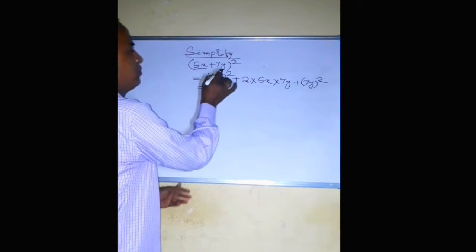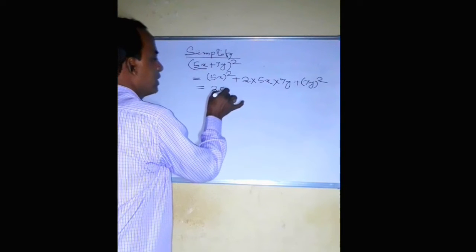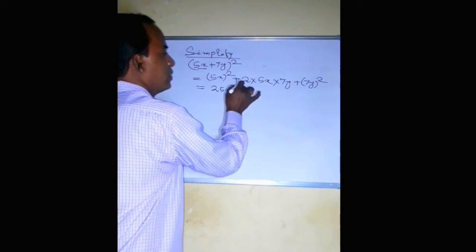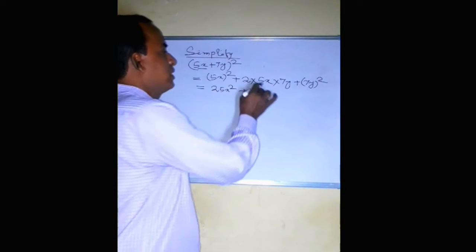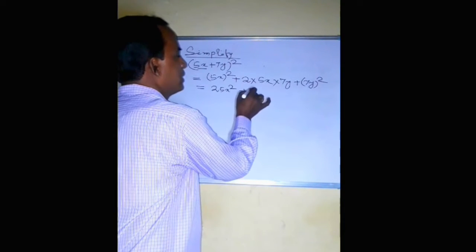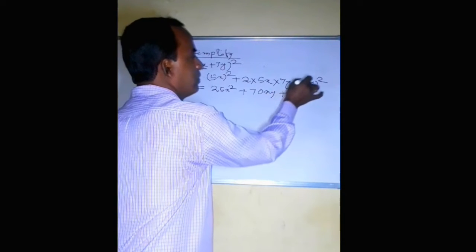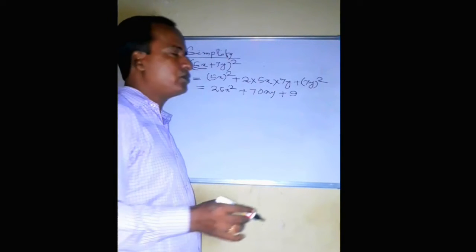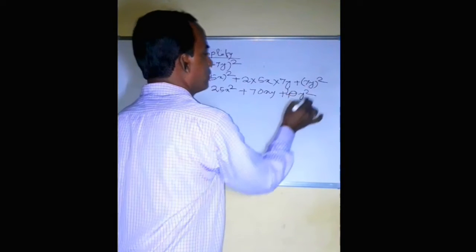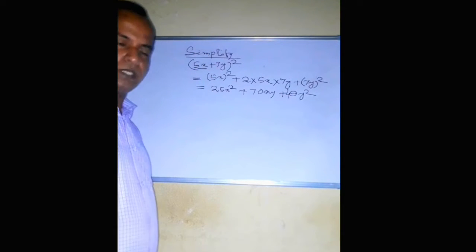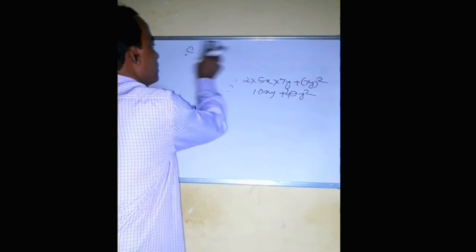So that's equal to (5x) whole square, 25x square, plus 2 into 5 into 7, 2 into 5 is 10, 10 into 7 equal to 70xy, plus (7y) whole square means 7y into 7y, that's equal to 49y square. So this is the answer, by directly applying the formula.